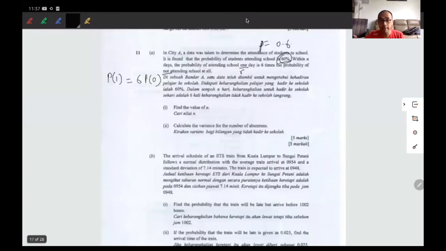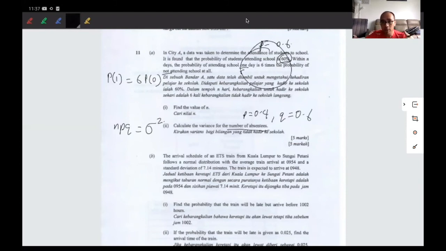Calculate the variance. Variance is npq, no square root. But of the number of absentees, be very careful now. Number of absentees means your P is 0.4 and Q is 0.6, because in this original story, the P is attending school.